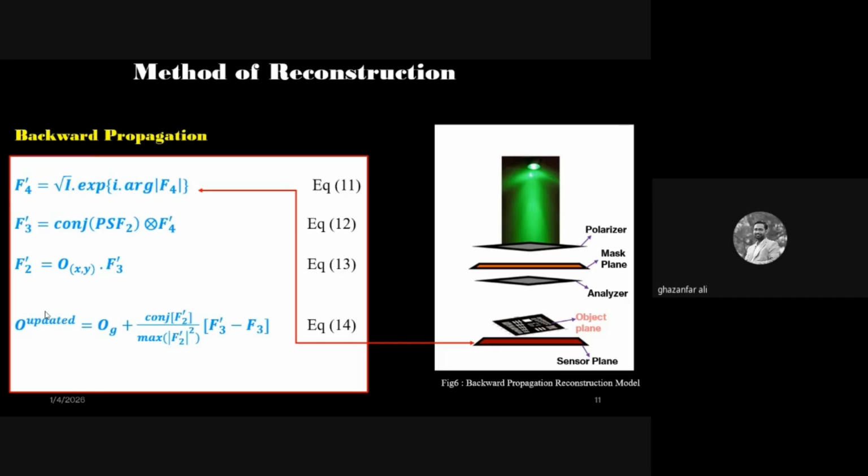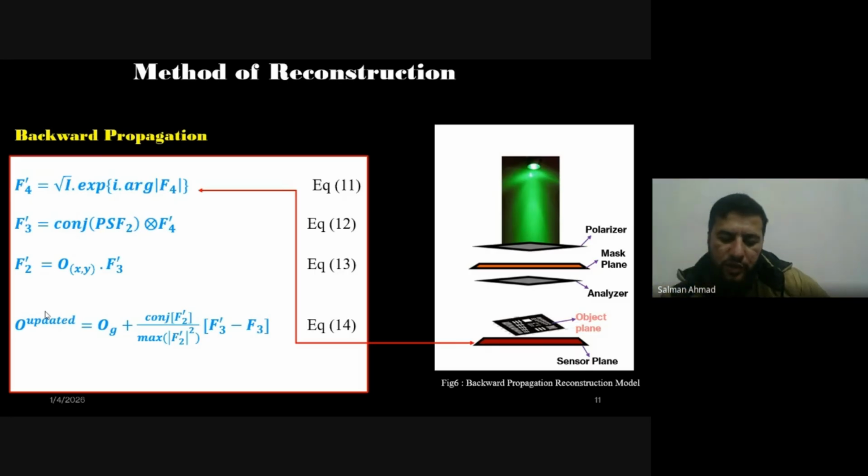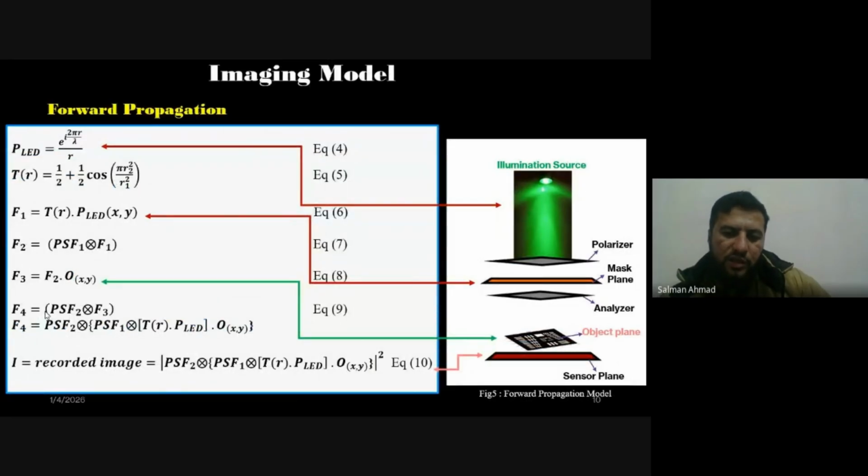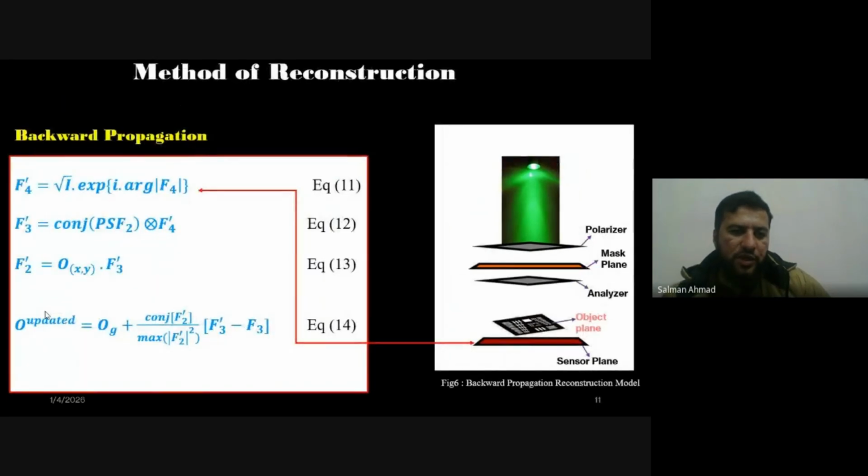So what's the benefit of the forward and backward propagation? In the forward propagation, light moves in its actual form in the forward direction. But in the backward propagation, we split each and every term in its own way and apply the algorithm there using this equation.